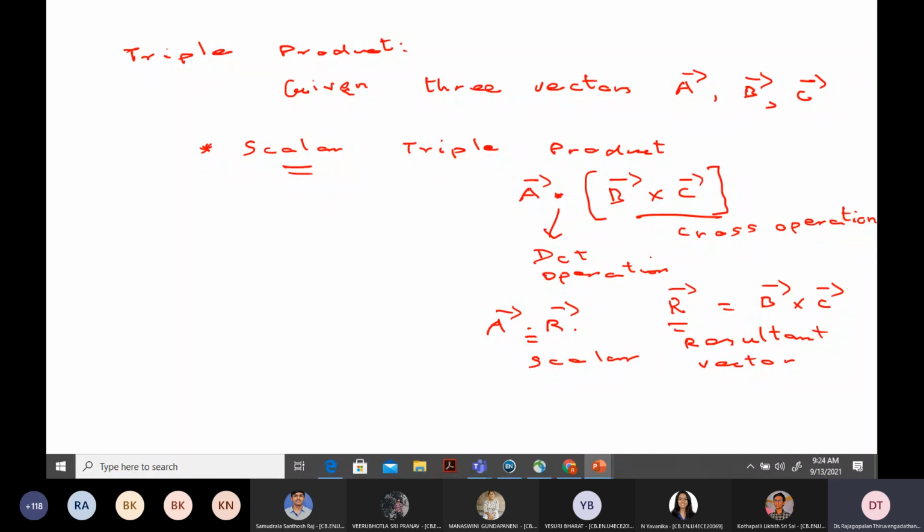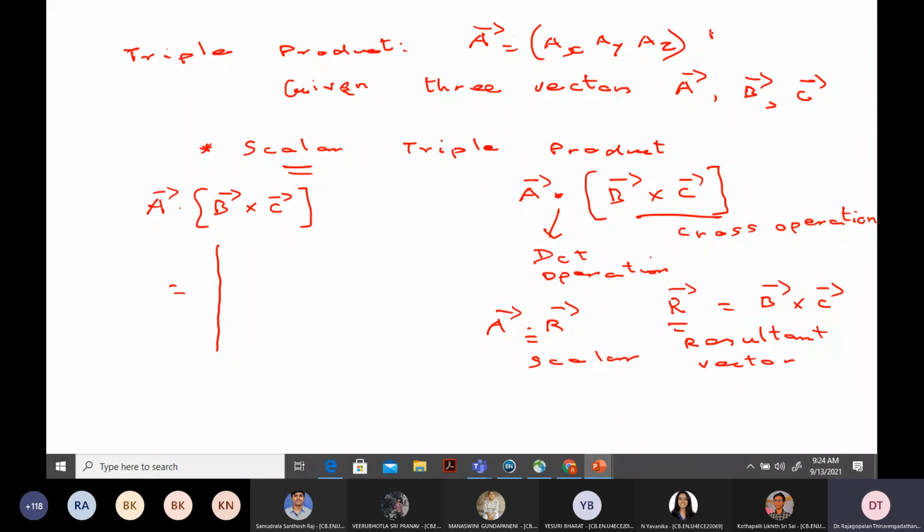Now one more, the more elegant way of doing this, A dot B cross C, is by what is known as the determinant fashion. Let us say I define the components of A as Ax, Ay, Az.